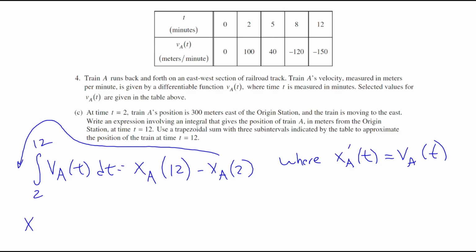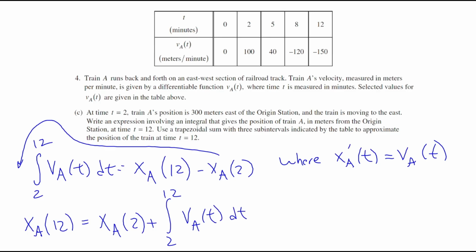So we can say that x sub a of 12 is equal to x sub a of 2 plus the integral from 2 to 12 of v sub a of t dt. And so that's the expression that they're asking us to write. So that's part of our answer here, and we get 1 point for doing that.